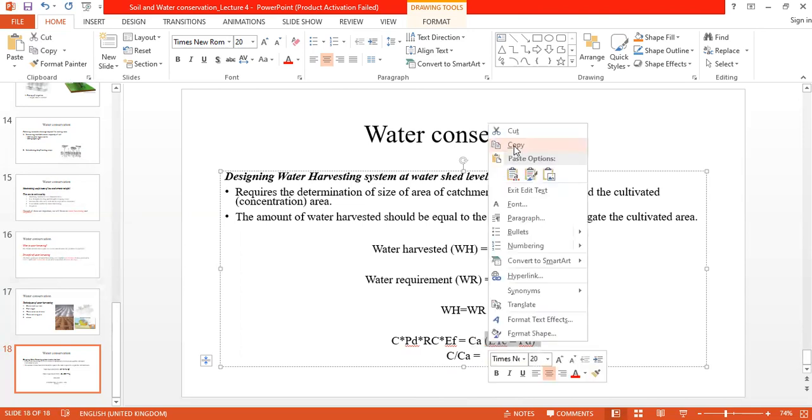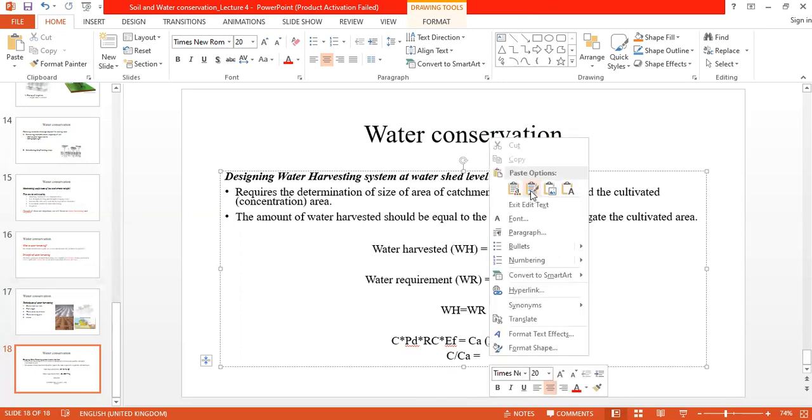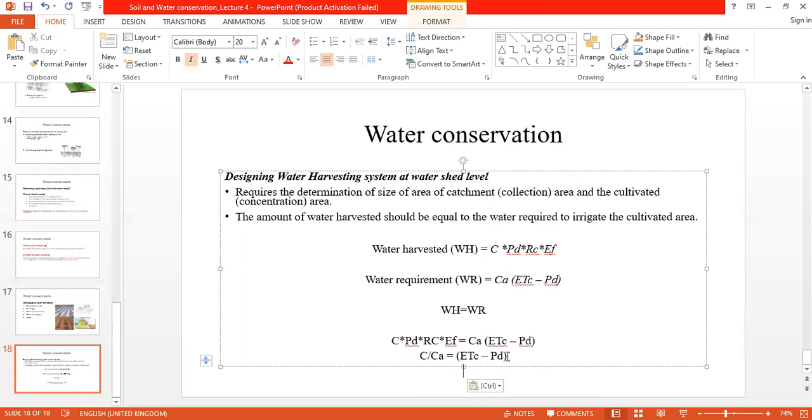When you just rearrange it, we can say this is equal to this. So I've just rearranged it so that this C goes down there, and then maybe just a cross multiplication.